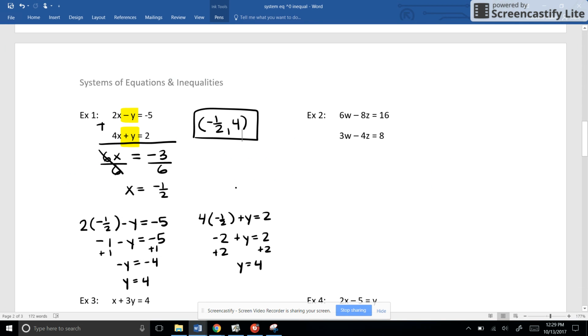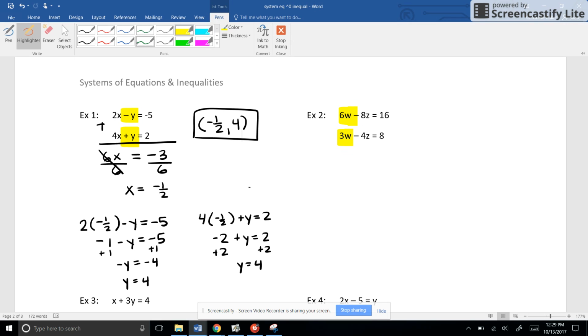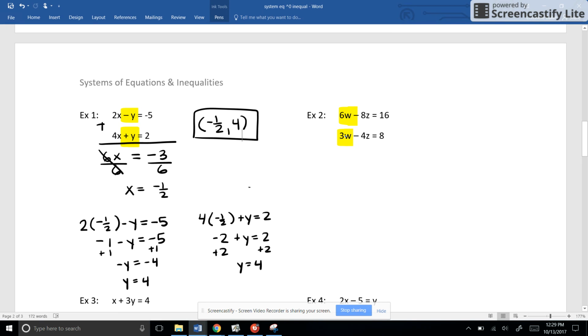All right, let's look at the next one. Now, I don't have this special setup right here yet, but I'm actually pretty close. Let's look at the w's. Can I get this to kind of work out the same way I did here?